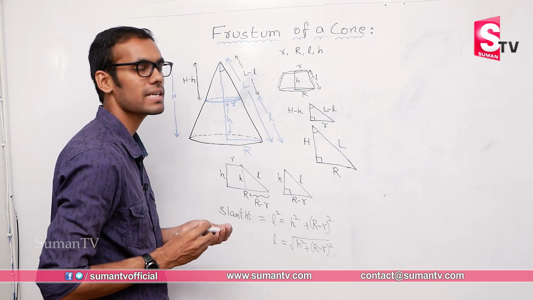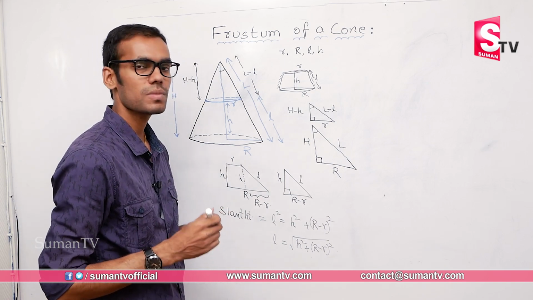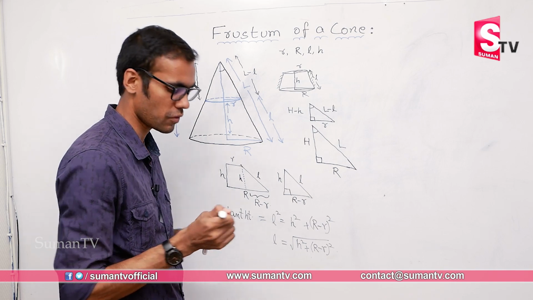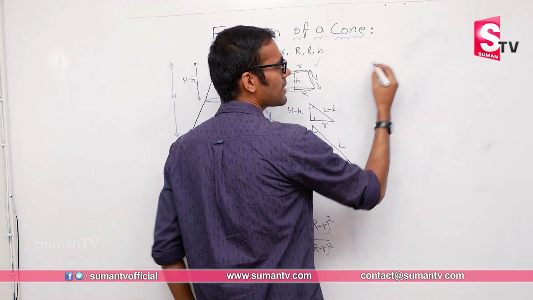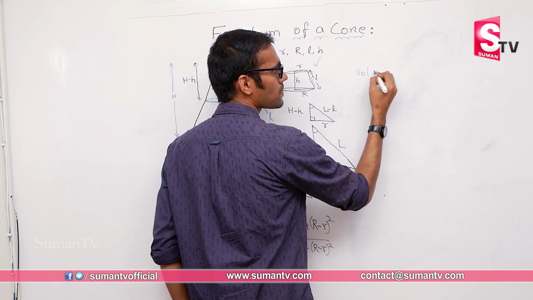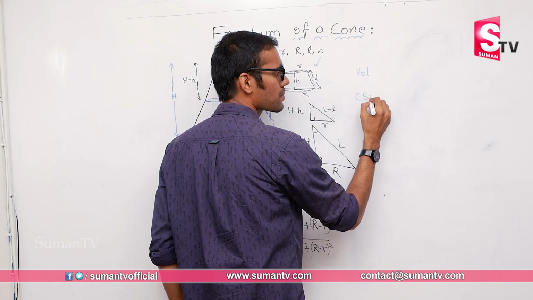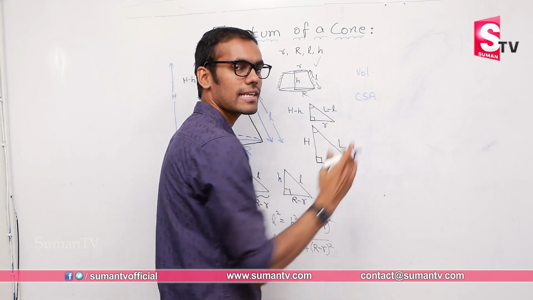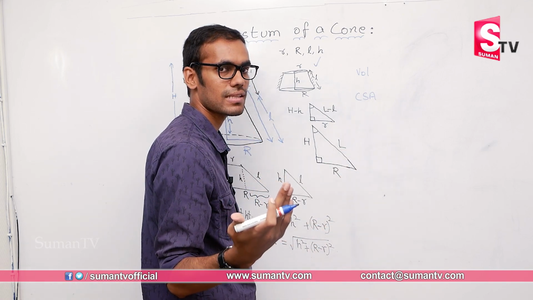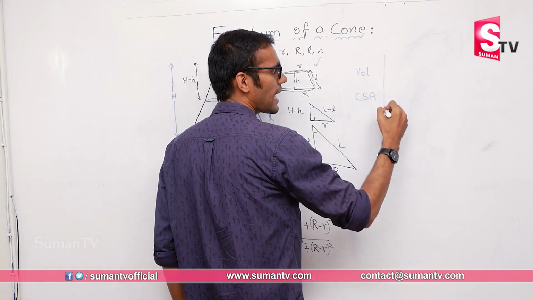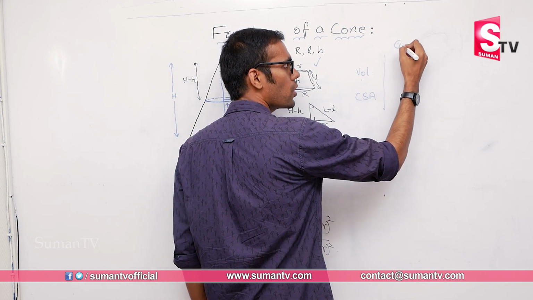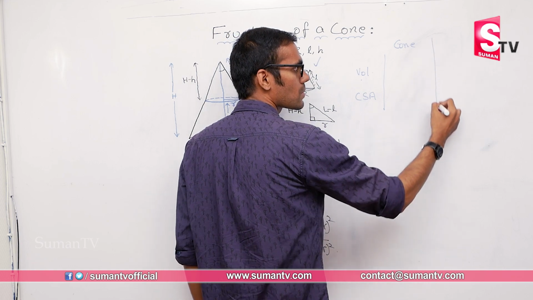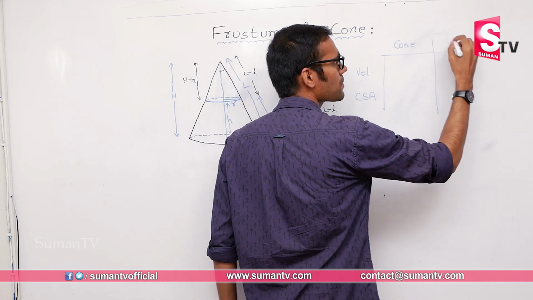And as I told you, I will tell you how to remember the volume, CSA and TSA of frustum of cone. So take this diagram specially. So I will write volume, CSA. See, if you remember CSA, it is not difficult for us to get the TSA. So I will write the volume of cone and frustum.